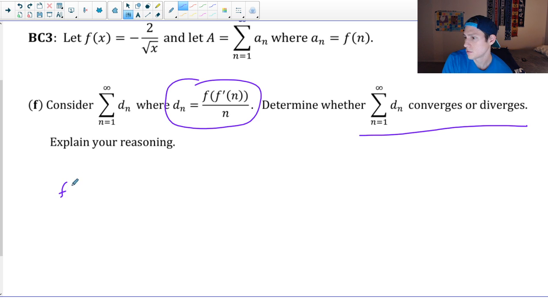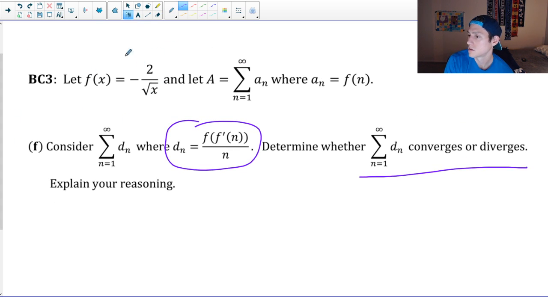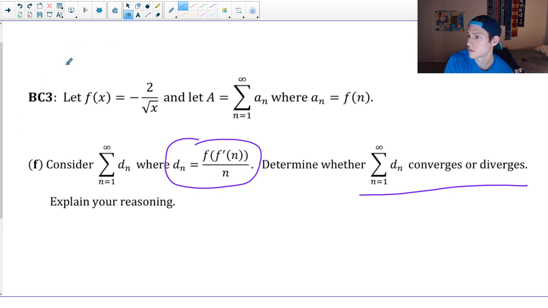So let's first see, what is f of f prime? Well, let me first write down f of n. I always do that.